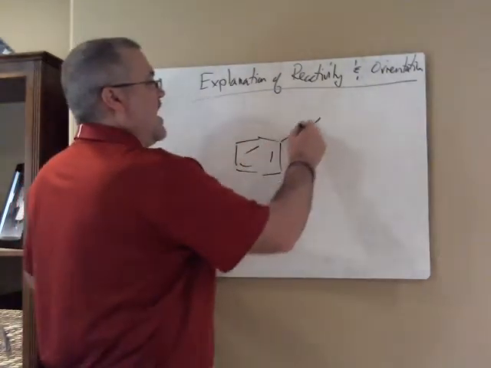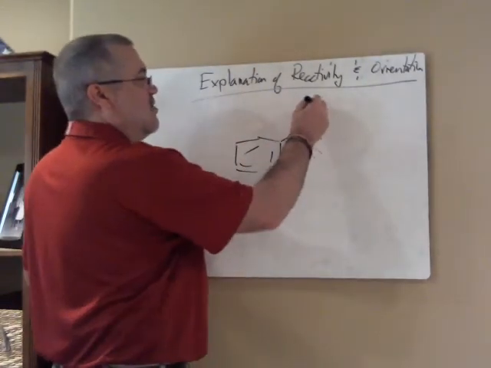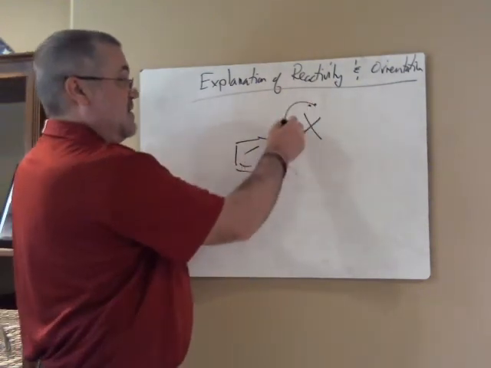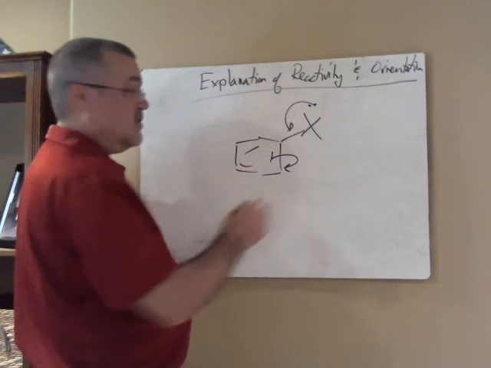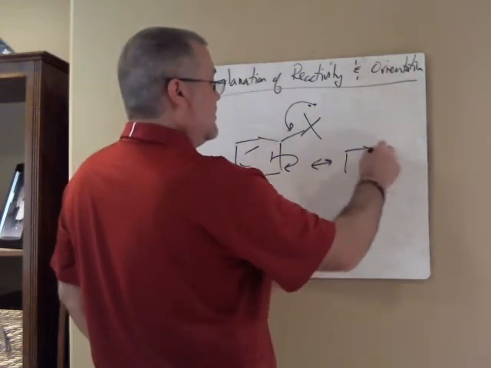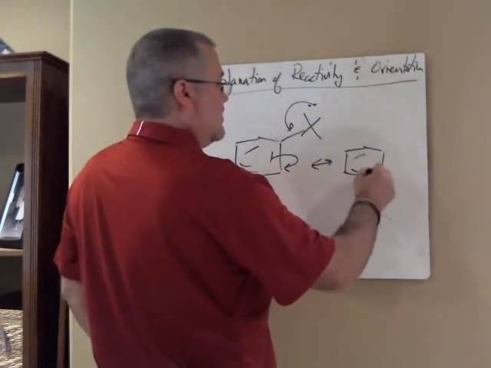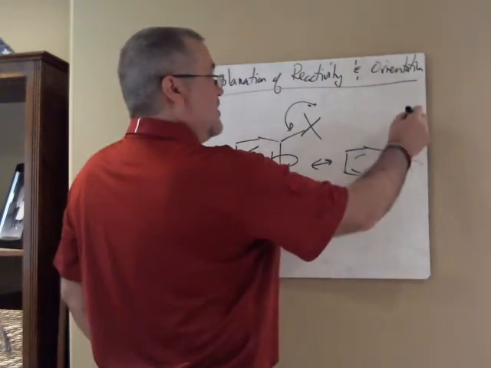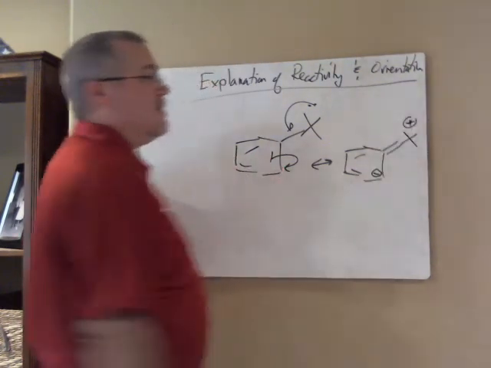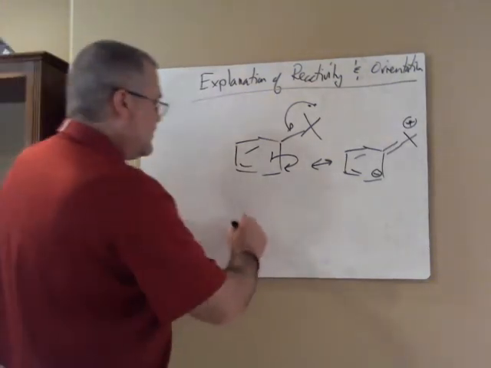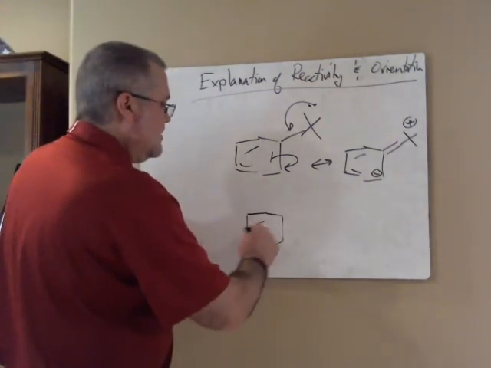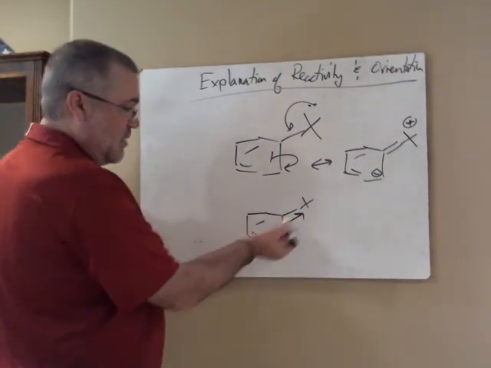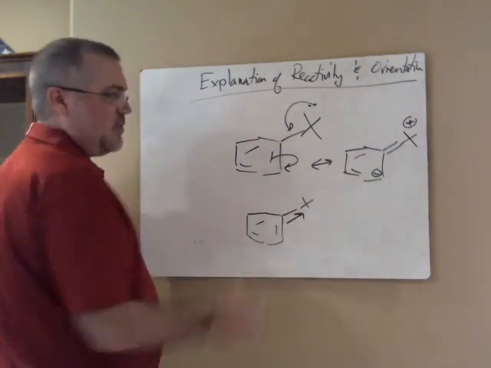So if you look at a halide, it has a lone pair. So these are in fact resonance activators. Because you can imagine drawing this resonance form where I've moved electrons into the ring, leaving a plus charge there. Okay? But they're also inductively deactivating, where I'm moving electrons through this sigma bond away from the ring.